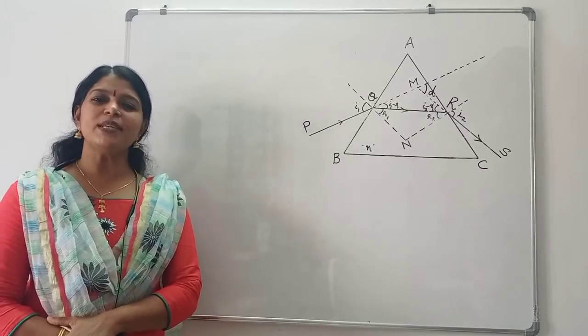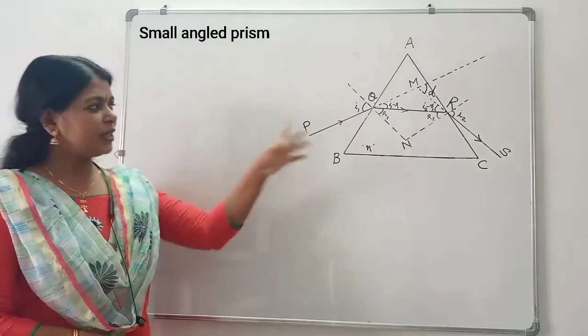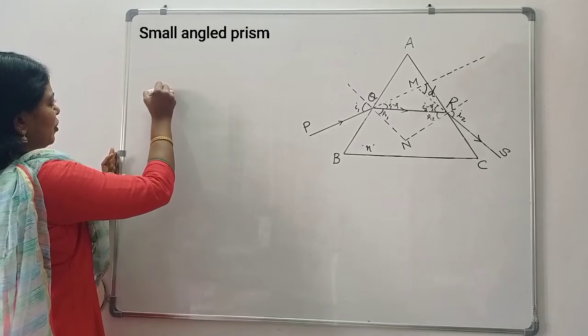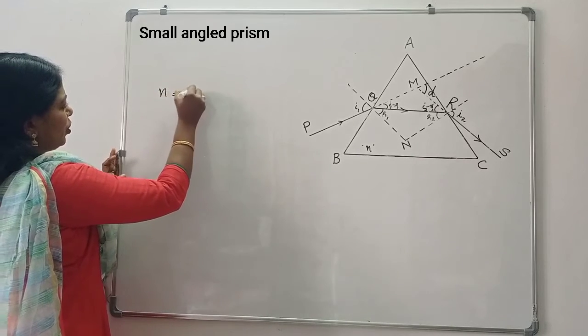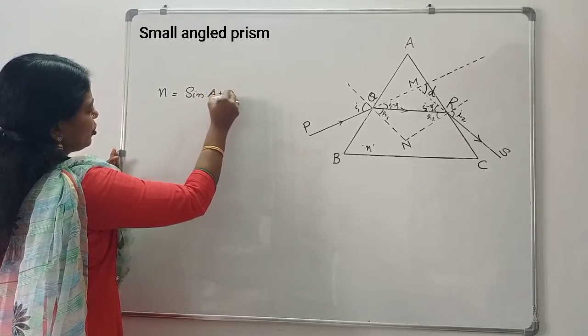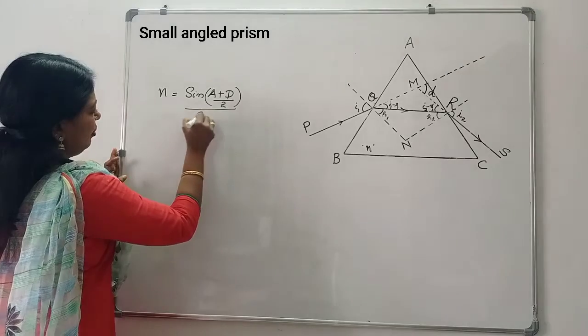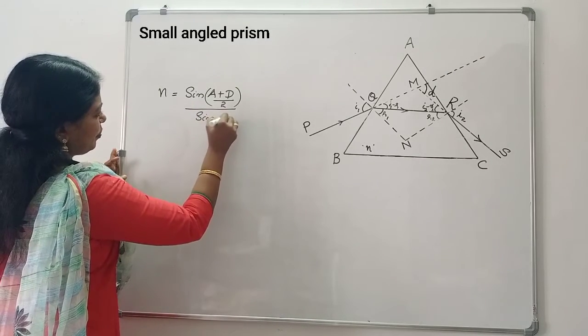Next is prism formula for a small angled prism. What is the equation for refractive index of a prism? N is equal to sin (A plus D by 2) divided by sin A by 2.